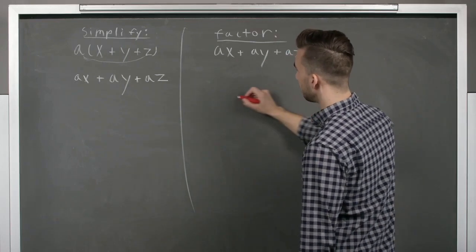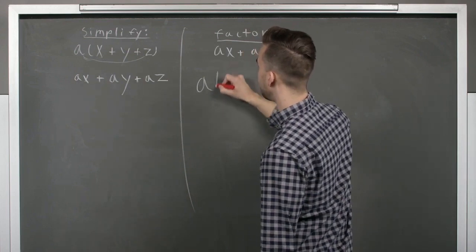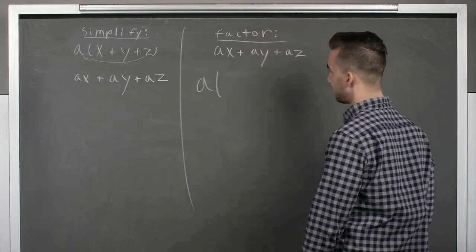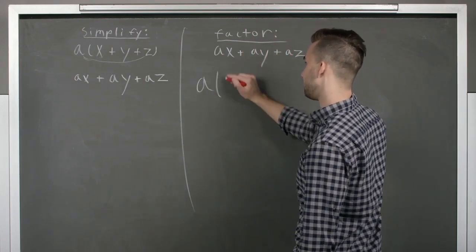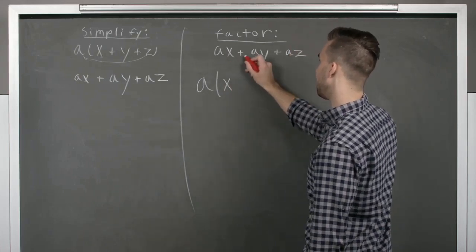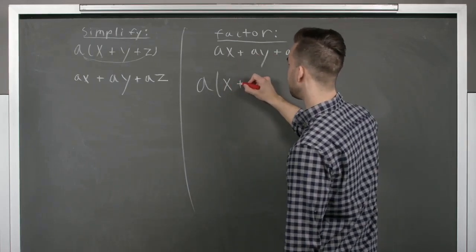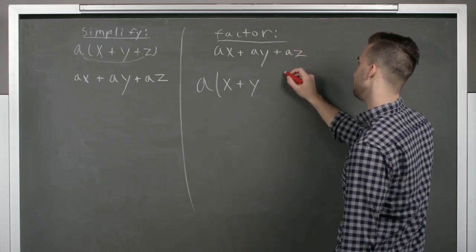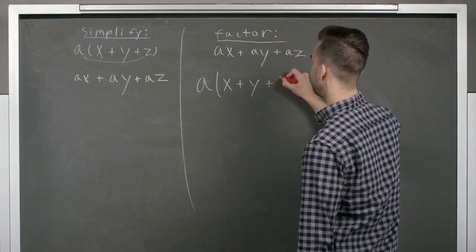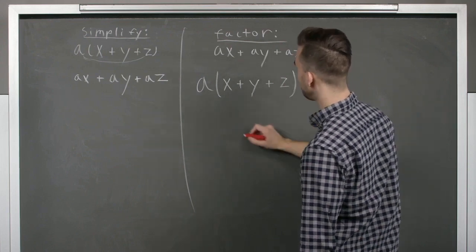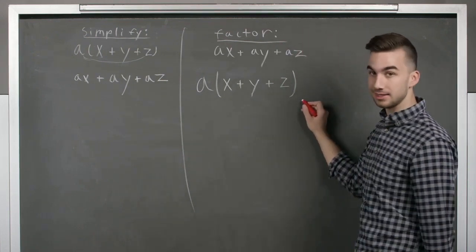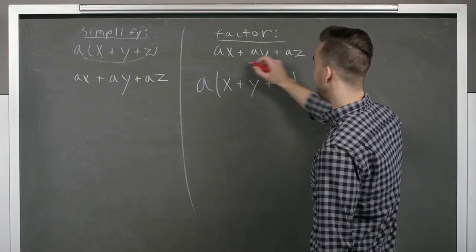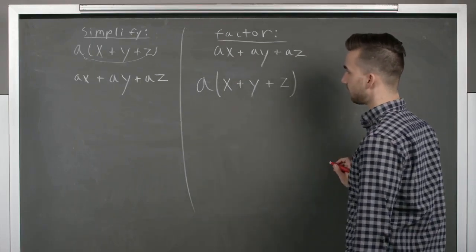So you bring a on the outside of a parentheses, and then it's a times x plus a times y, so that would be plus y, right? And then it's a times z, so you would do plus z. So that is an example of how you would factor this basic polynomial.